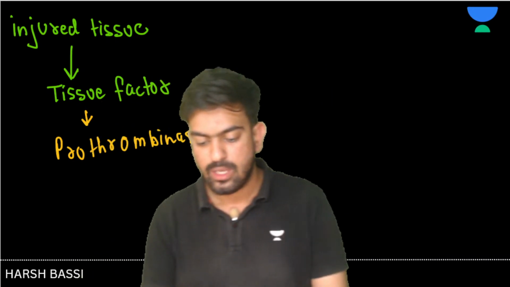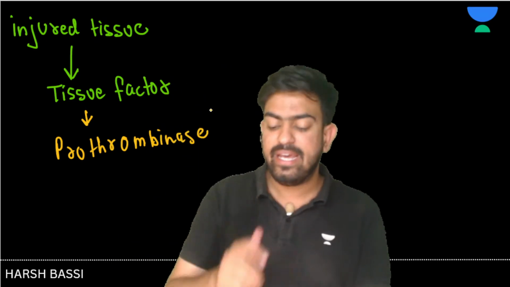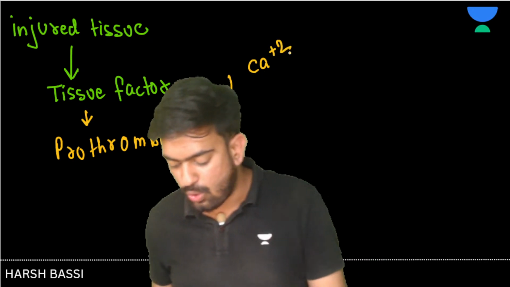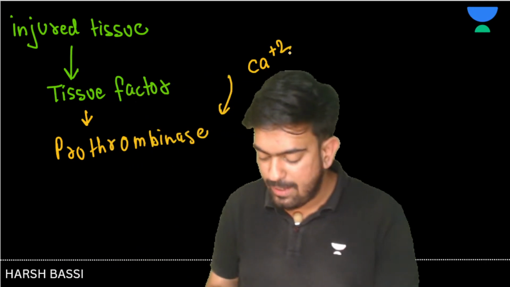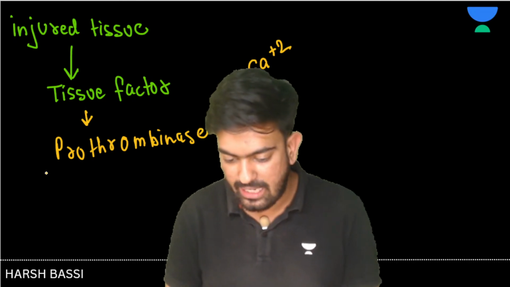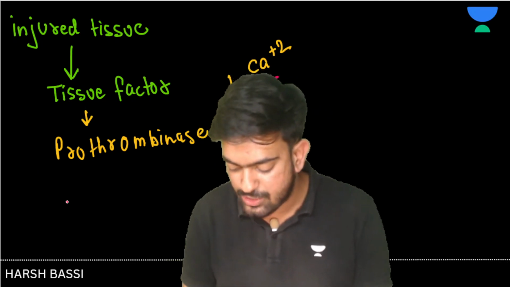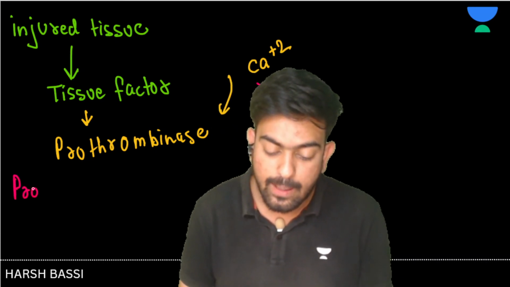Now here in our blood we have calcium ions. With the help of this enzyme prothrombinase and calcium ions, what will happen in the blood?